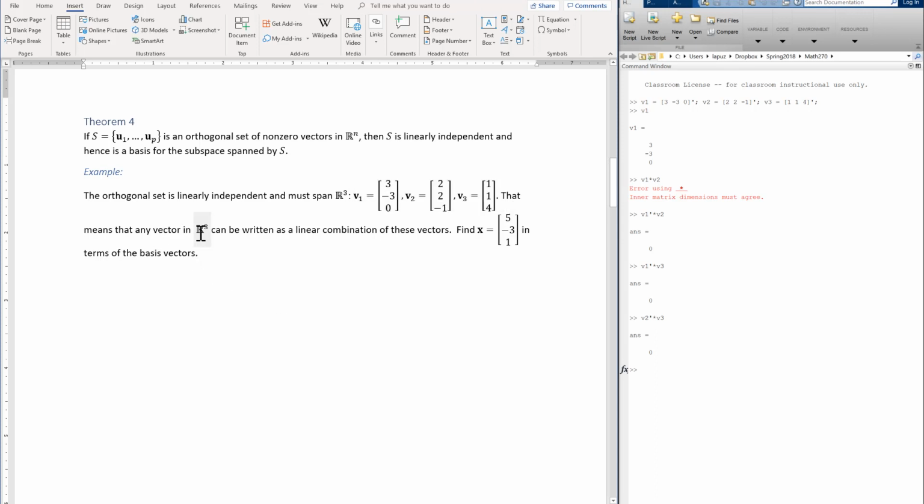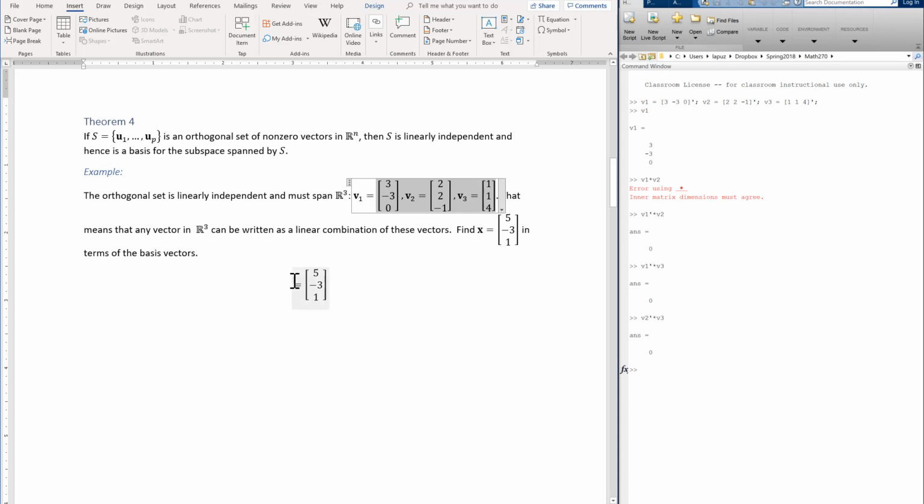Anyways, if this is in fact a set of linearly independent vectors that span all of R3, then we should be able to express any vector in R3 as a linear combination of v1, v2, and v3. And so this is what they're asking us to do, to find x in terms of the basis vectors v1, v2, and v3. So that's what we're going to do. We're going to write, maybe to begin with, our vector as a linear combination of these things.